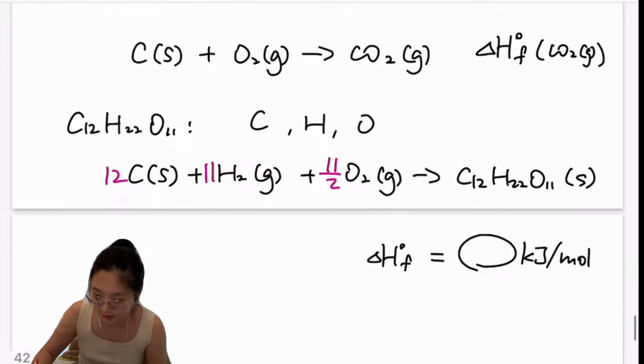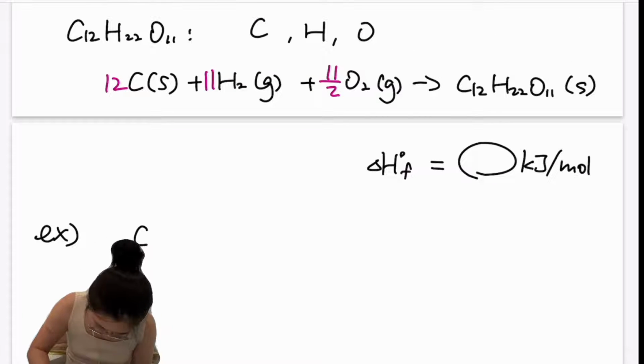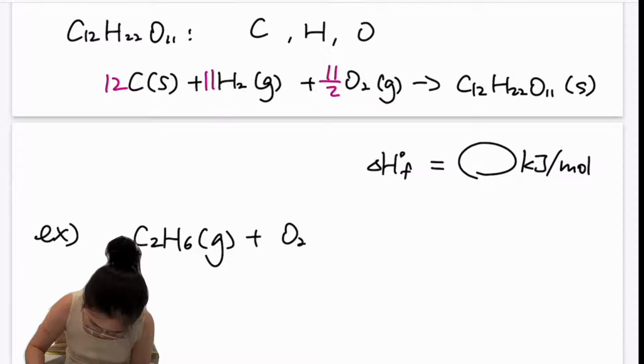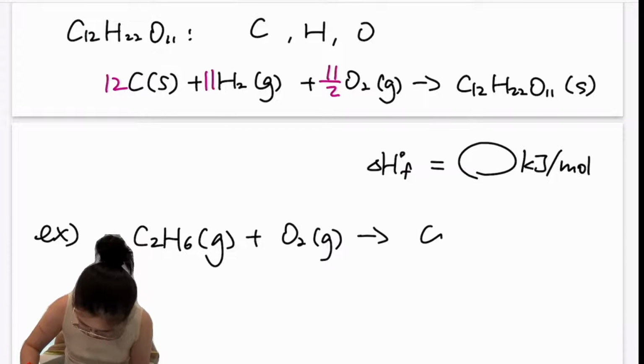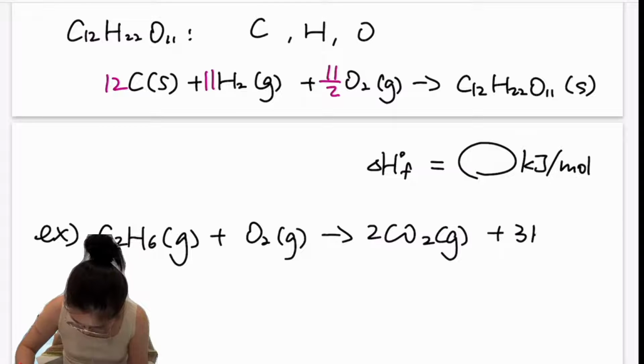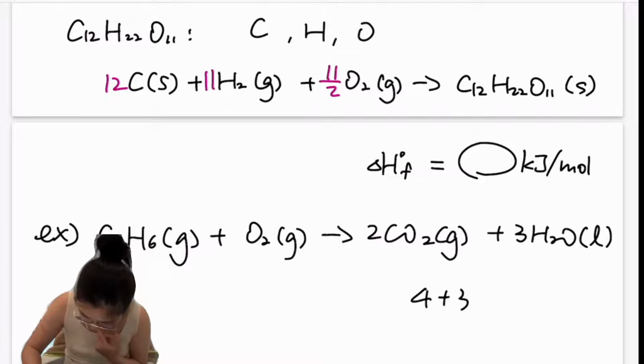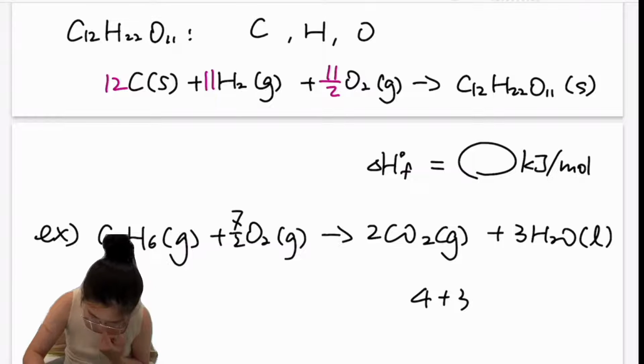Okay, so let's say the combustion of ethane. C2H6 gas reacts with oxygen, and they form 2 moles of carbon dioxide and 3 of water in liquid. If I balance it, 4 plus 3 is 7, so it should be 7/2.